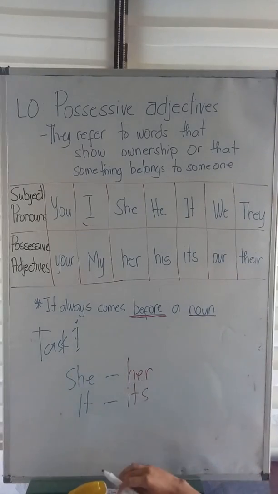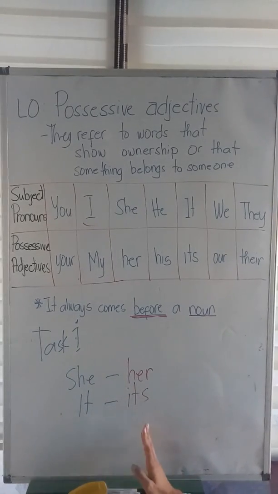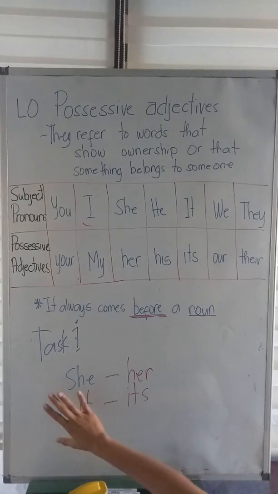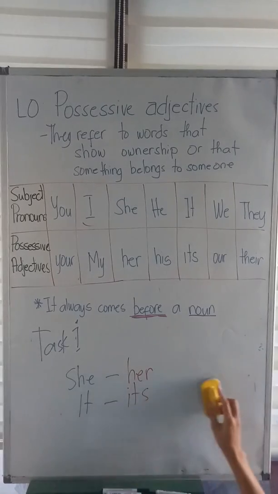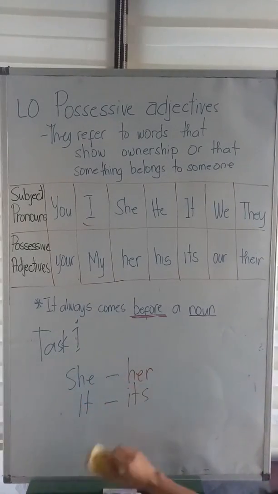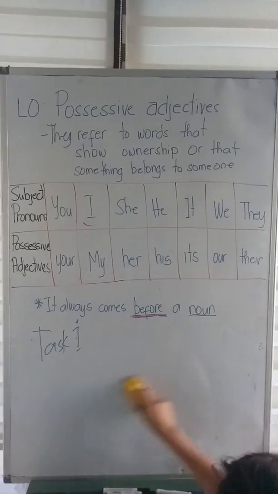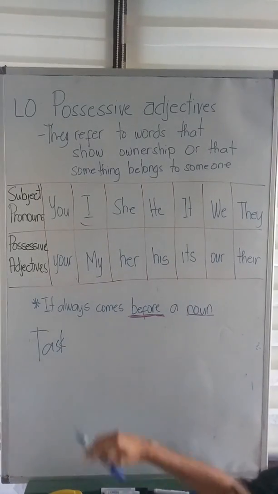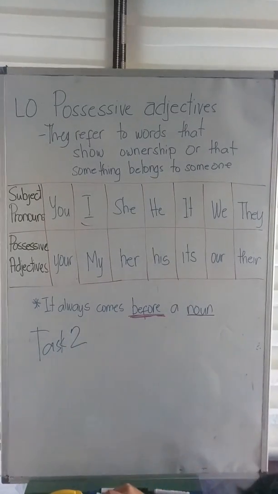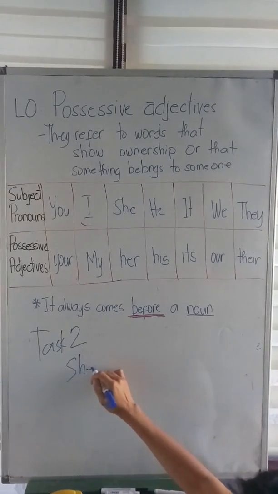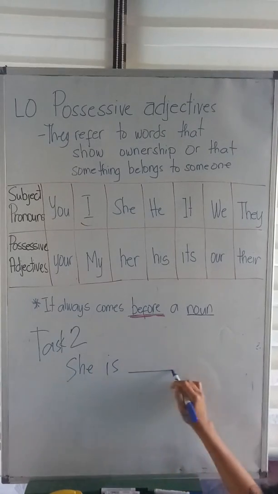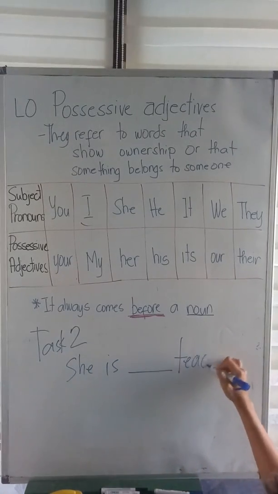Again, you can also write the answers only, but if you want to copy the subject pronoun, not a problem at all. But if you want to write the answers only, I will also accept. So that's for task 1. Task 2, for your activity number 2, is a multiple choice, like A/B multiple choice. Example, the question is, she is blank teacher.